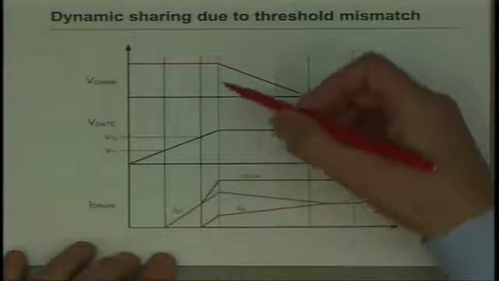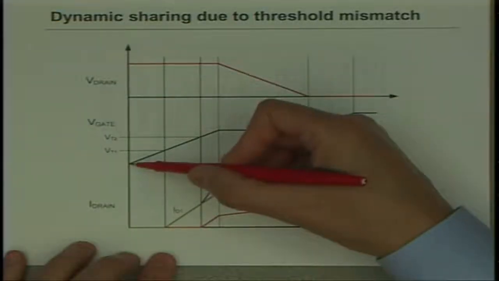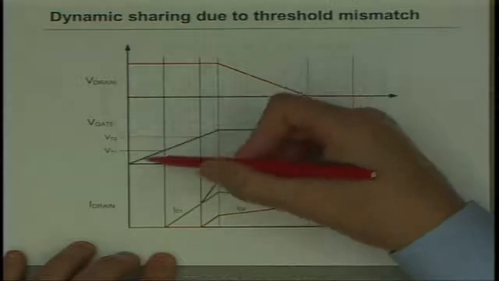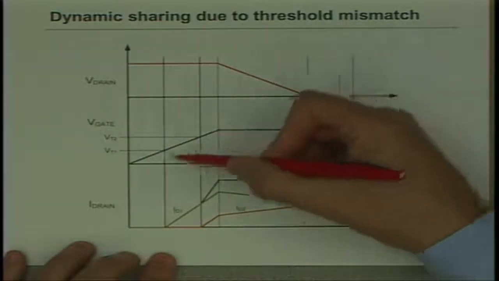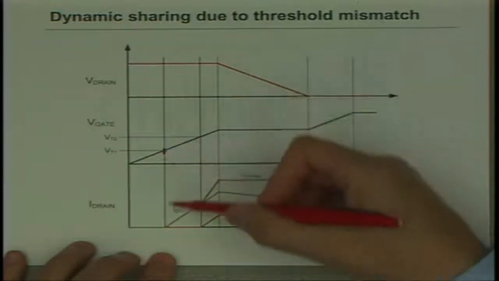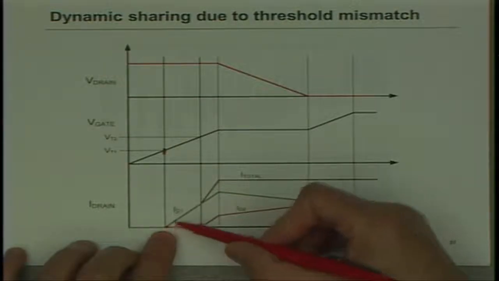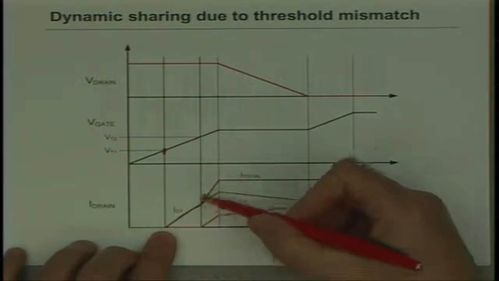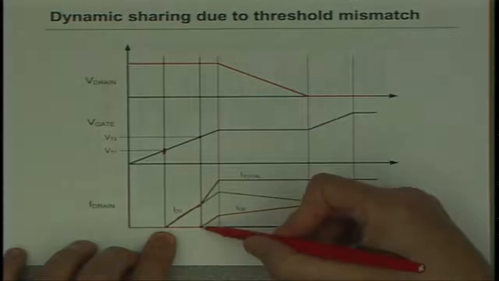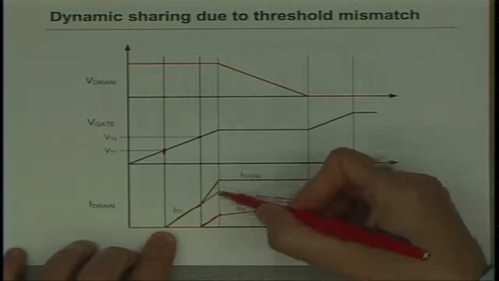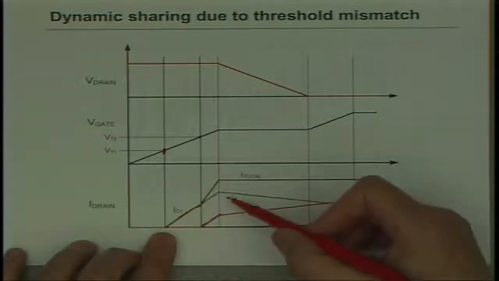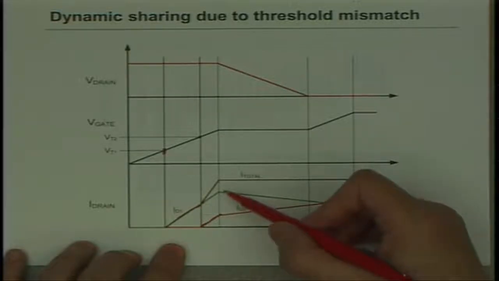As I begin to pick up, this is my total current here. I'm sorry, this is my gate voltage. First one picks up at threshold 1, so it takes all the current. Now the second one picks up, so it starts to take current, and here's my total. But every time you turn on, device 1 is going to be taking more current and therefore dissipating more power.